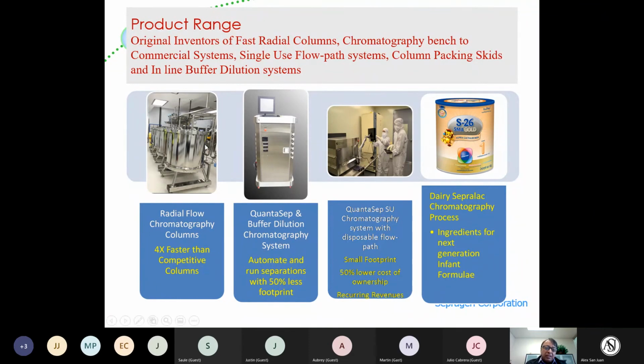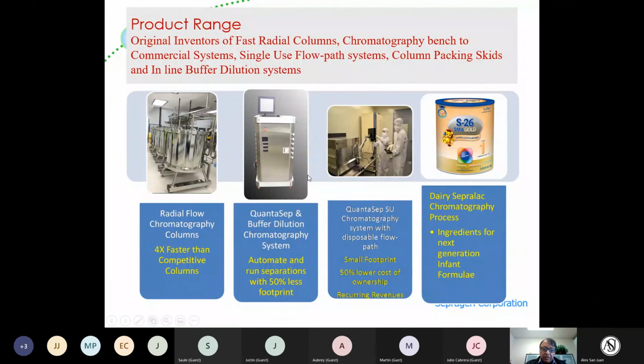So these are not tanks. These are 4 large radial flow columns that are working together, with a total of, I think, 1,400 or 1,500 liters of column capacity. And on this installation, they're doing about 15,000 liters per batch.